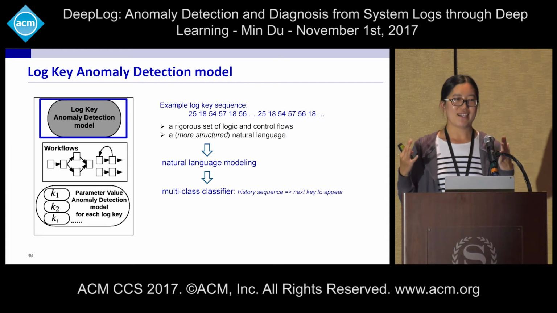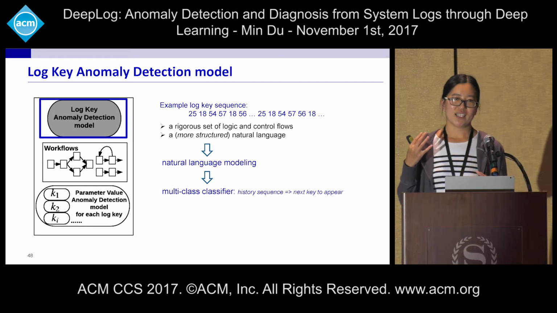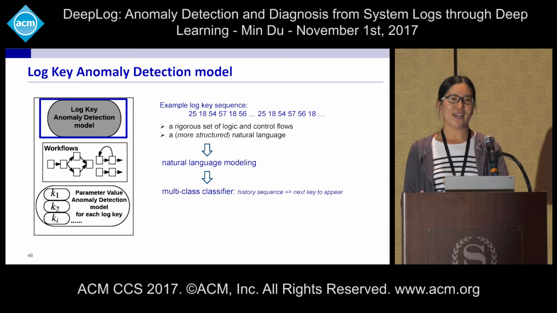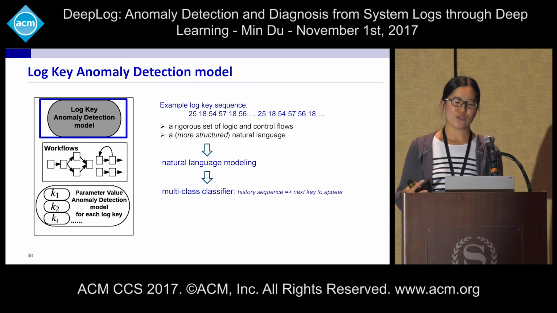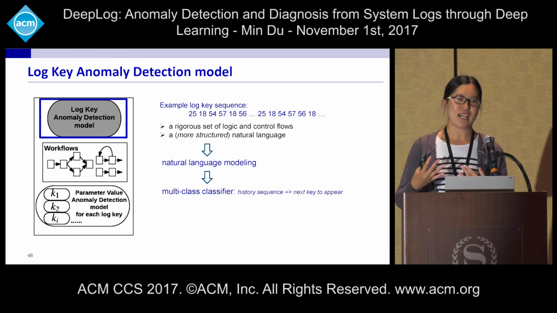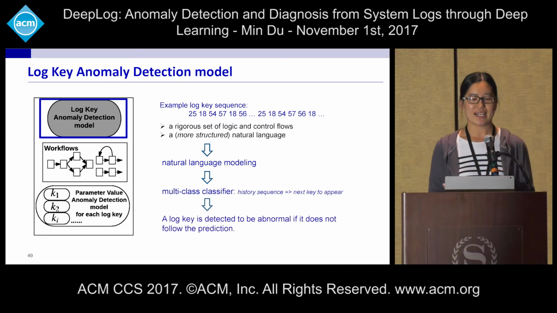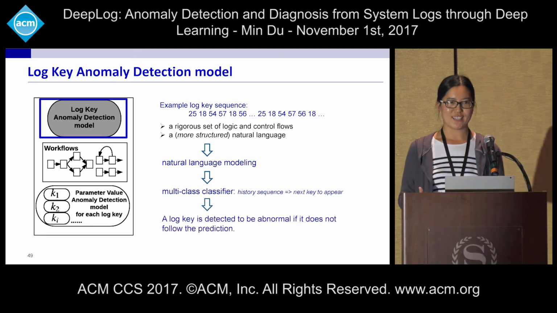Think of something like text generation. Given a history sequence, we want to predict the next key to appear. Then we check this against the actual next log key. If the actual execution follows our prediction, it is normal execution. Otherwise, a log key is detected to be abnormal if it does not follow our prediction.